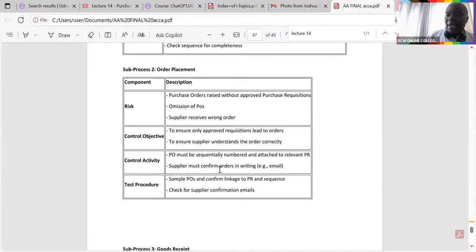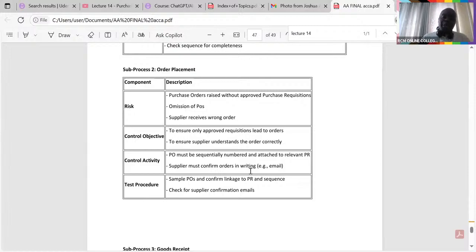Supplier must confirm orders in writing. Basically tell us that you have understood exactly what we have requested from you. Please confirm you have received the order and understood our instructions by email. Through these email correspondences, we may easily be able to arrest a situation.